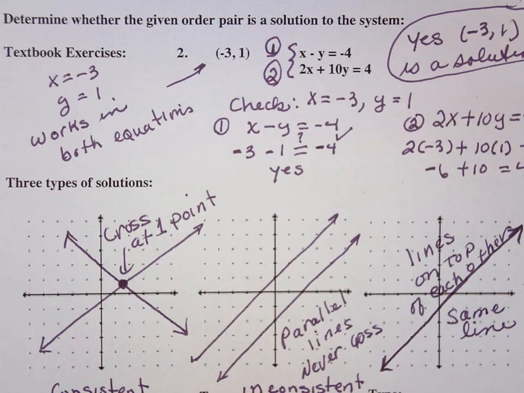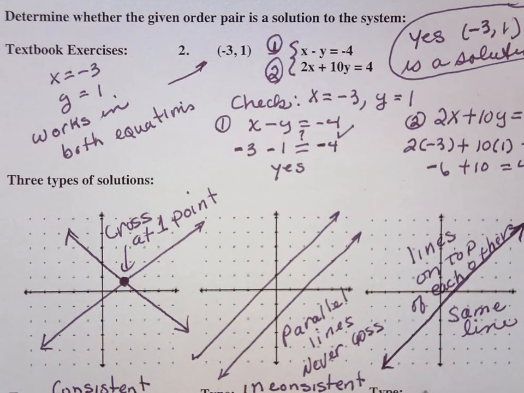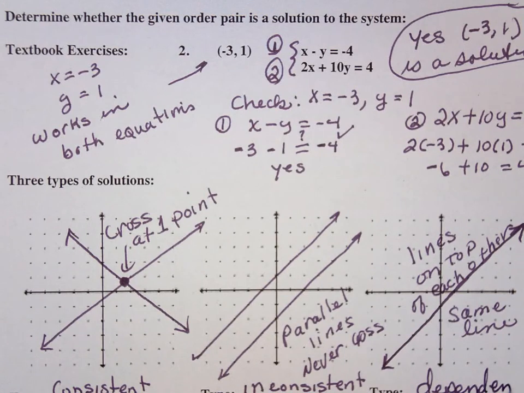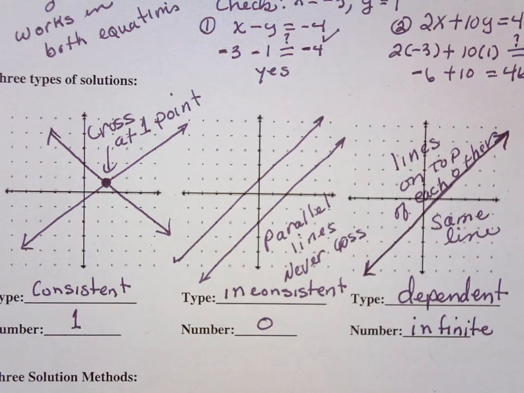Now, what do the two lines have in common? Each other, the whole line. The type is dependent. And the number of solutions is infinite. Now, I can tell you right now, this is a test question. I will give you the words, and you have to put them in the proper blanks.